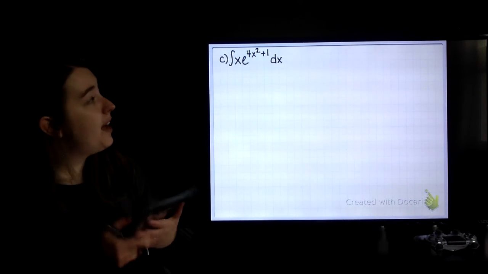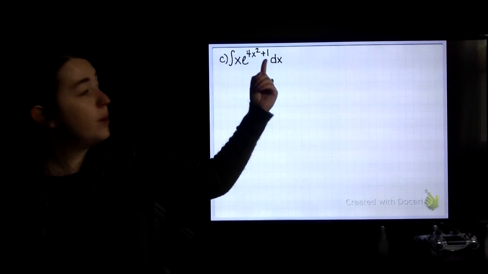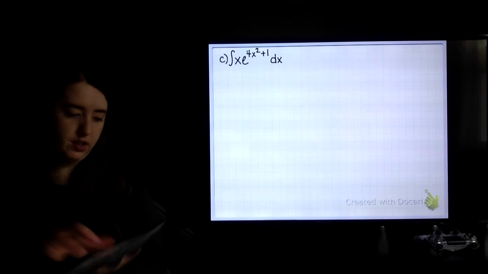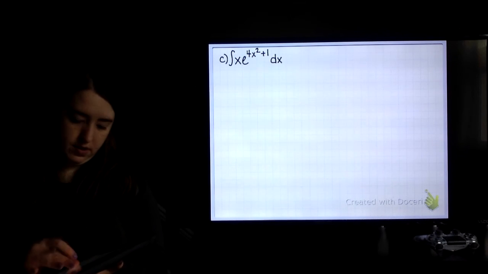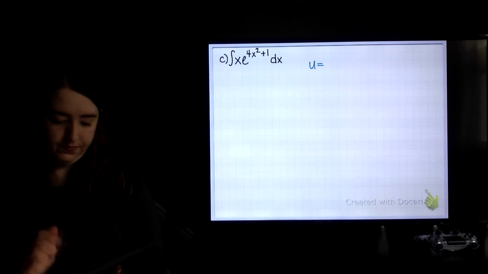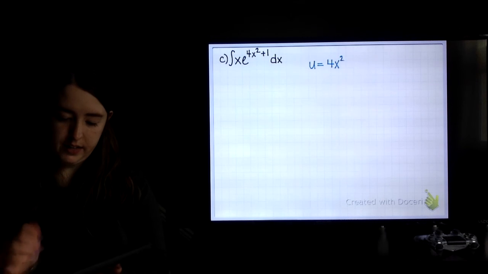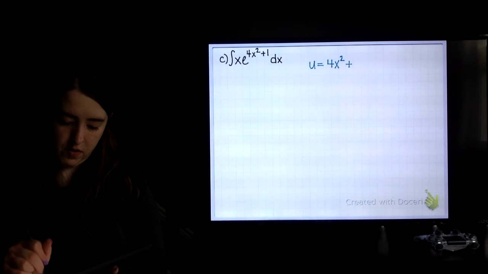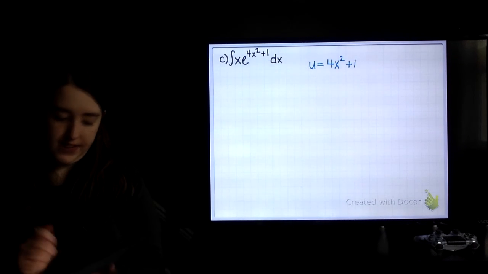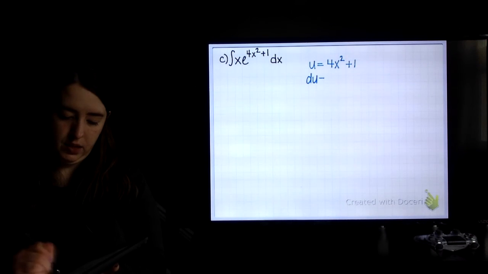So then let's go ahead and call u 4x squared plus 1. All right, so u equals 4x squared plus 1. Then we have to find our derivative. So the derivative of u is du.